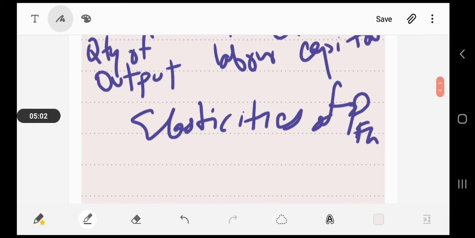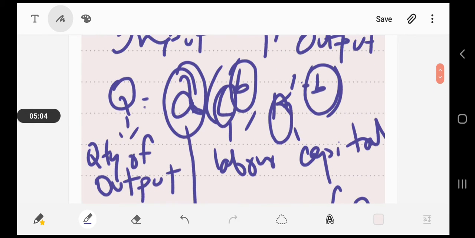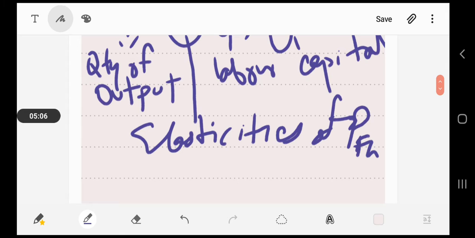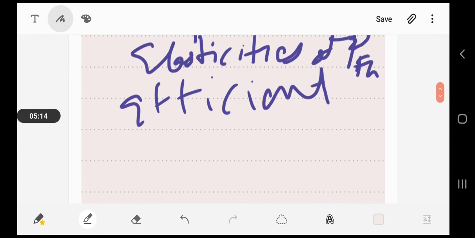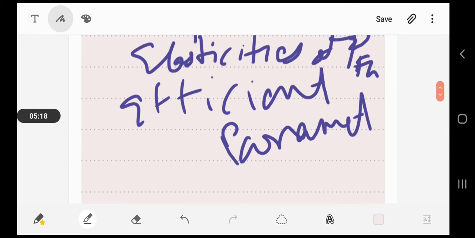Here, the parameter A is known as the efficiency parameter.